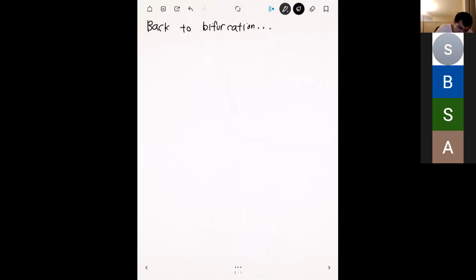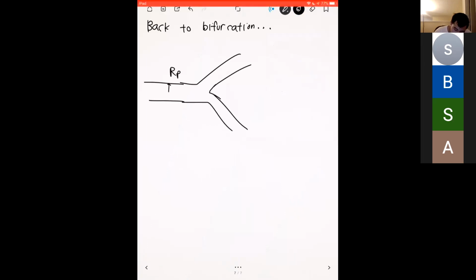And so our bifurcation looks like this, where again we have the radius of the parent vessel and the radius of the daughter vessels. So this is RD1, this is RD2.